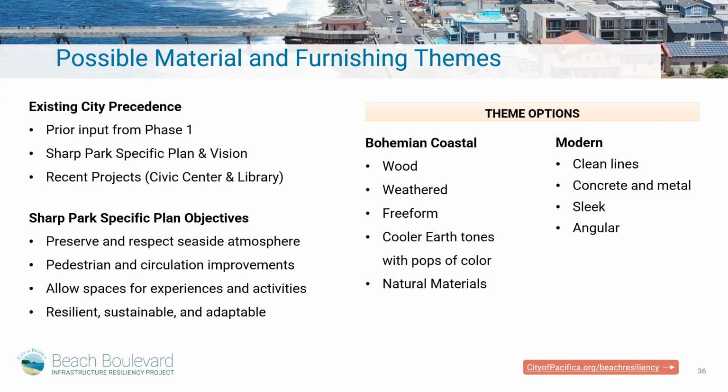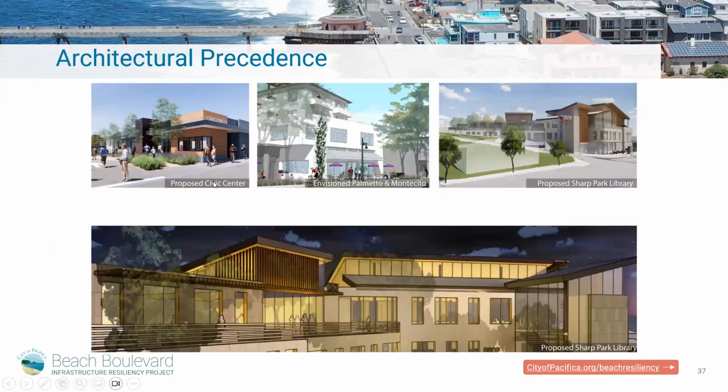So if we go to the next slide, looking at some previous architectural precedents, you can see the existing precedents with the newer development and the envisioning of Palmetto and Montecito. So I believe that's at that corner that Patricia, you were talking about, but on the Palmetto side.